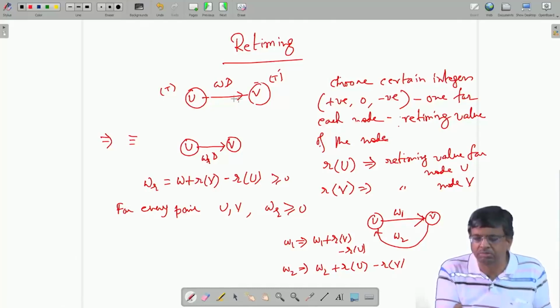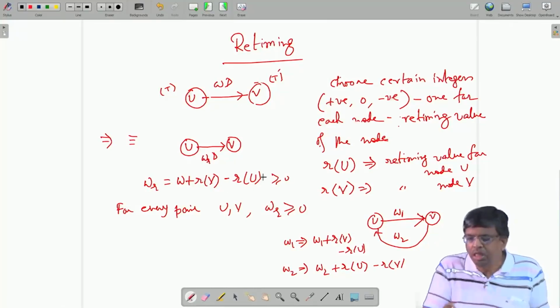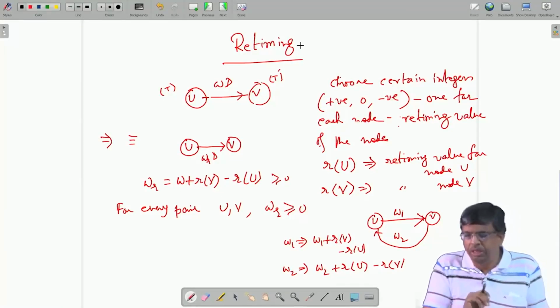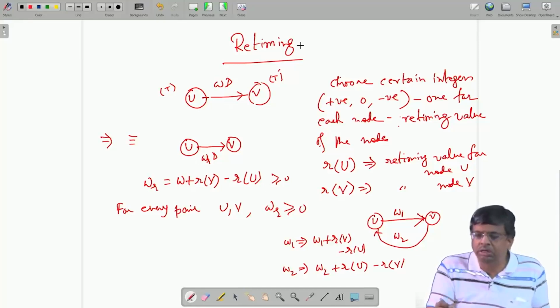Source means in terms of this edge, because it is coming from this, so R of U. And this is the new value, and this you do for every edge. So the new DFG will be equivalent to this, that is, it will generate the same sequence at every node which it was doing earlier, but it will be delayed by the retiming value number of cycles for that node.